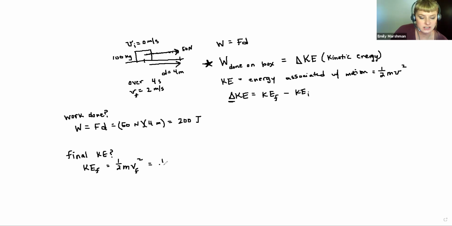The final kinetic energy is equal to 1/2 m, which is 100 kilograms, times the final velocity squared, which is 200 joules. Remember, joules is the unit for work done. And since work done on the box is equal to its kinetic energy, energy also has units of joules.